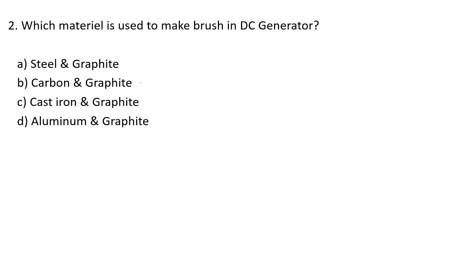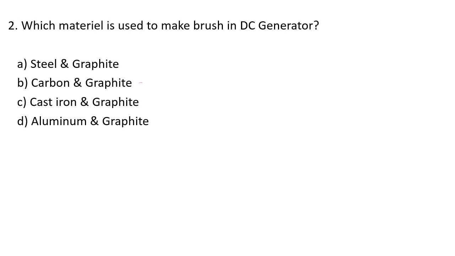We can directly eliminate option A, option C and option D, because in option A the steel is there, in option C cast iron is there, and in option D aluminium is there. Normally these types of materials are used as conductors in electrical machines.